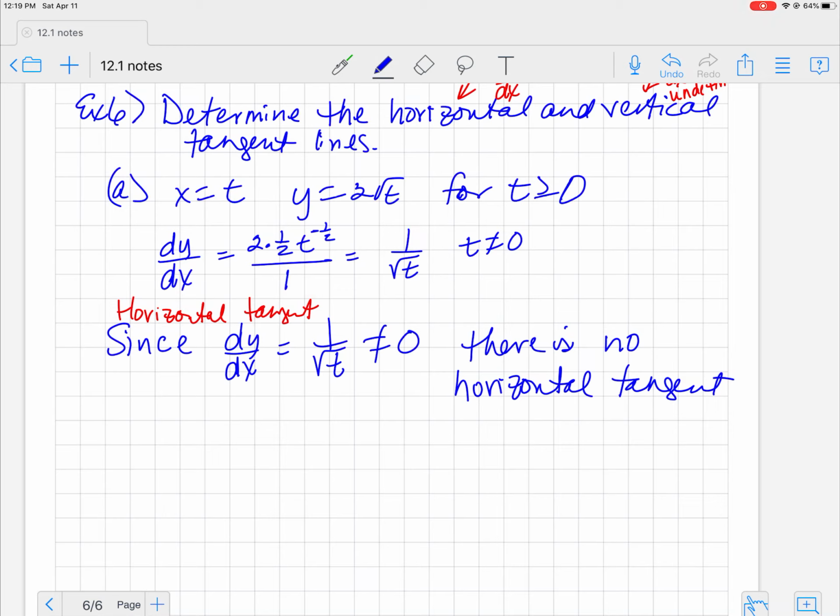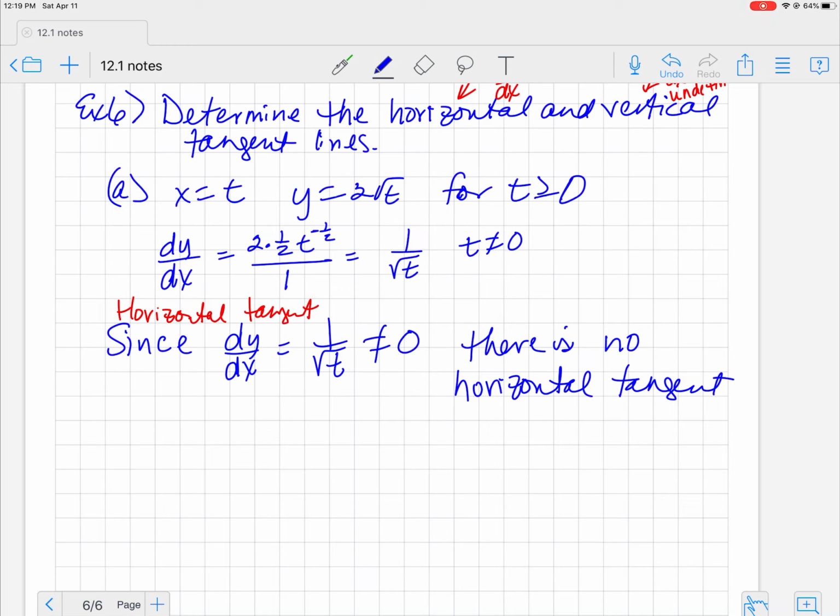So if I want to find the horizontal tangent, that's where you set your derivative equal to 0. So I have negative 4 cotangent of t is equal to 0. So divide both sides by negative 4. Cotangent of t equals 0.